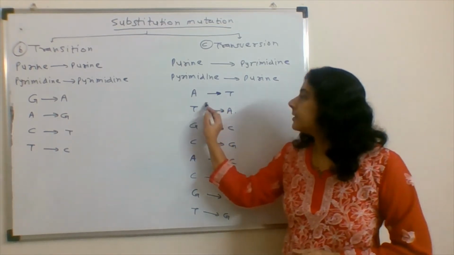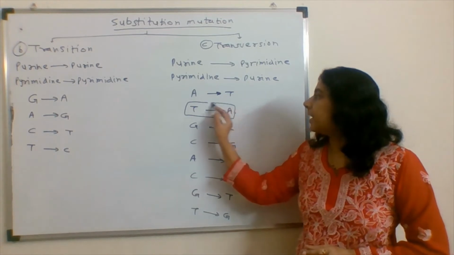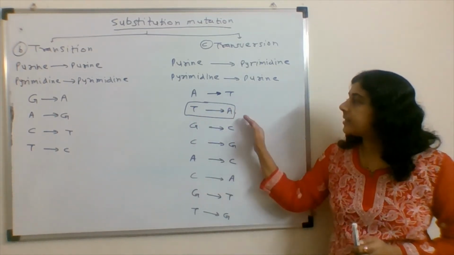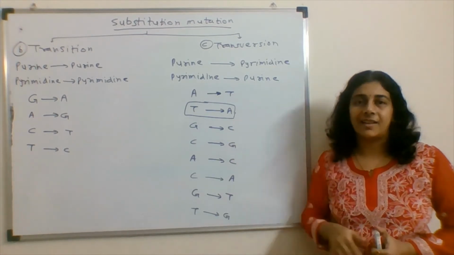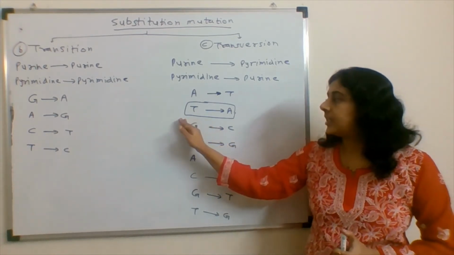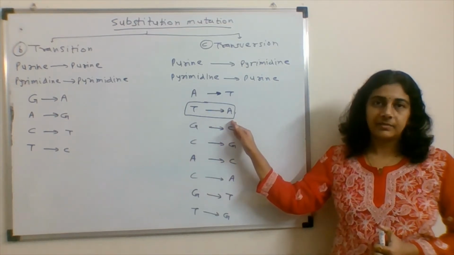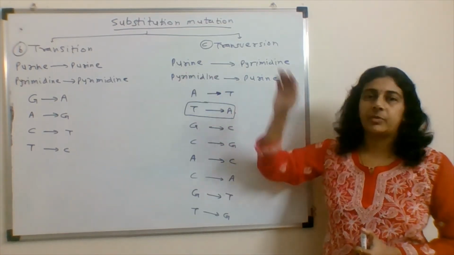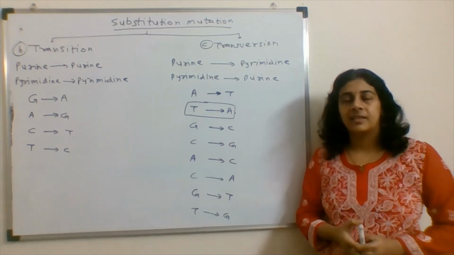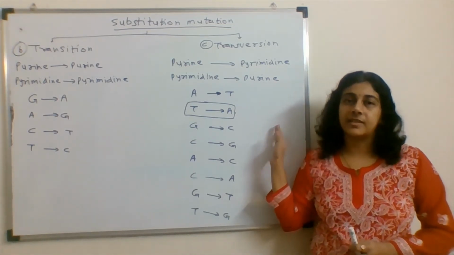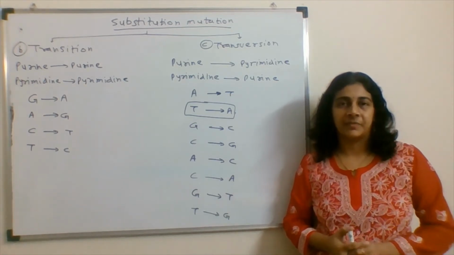Here thymine is replaced by adenine. This is the point where we get our answer. In the question the thymine base is replaced by adenine and the type of mutation is asked. So the answer for the question becomes option C, that is transversion.